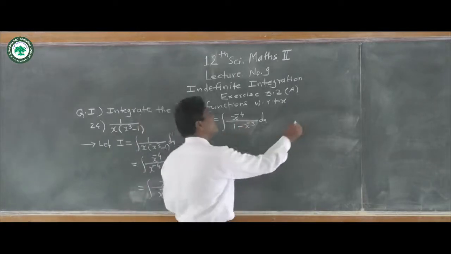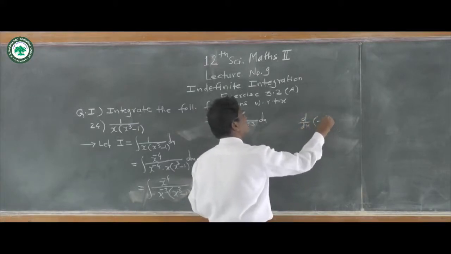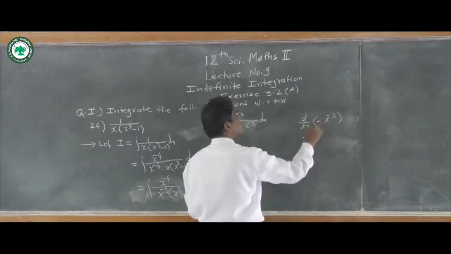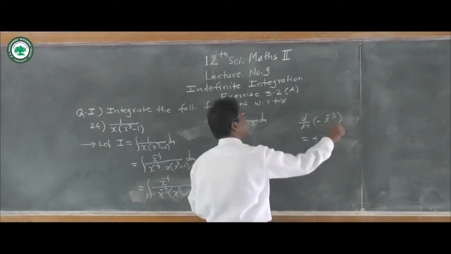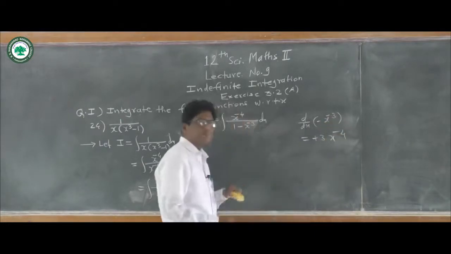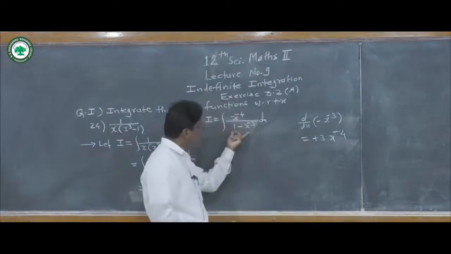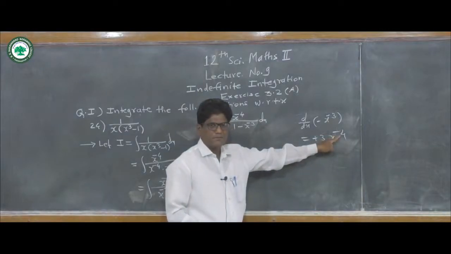So derivative of d by dx of minus x to the power minus 3, it is equal to minus this and minus 3 become coefficient, so minus plus 3, and x to the power minus 3 minus 1, that is minus 4. Means here we get derivative of this denominator as 3 into x to the power minus 4.